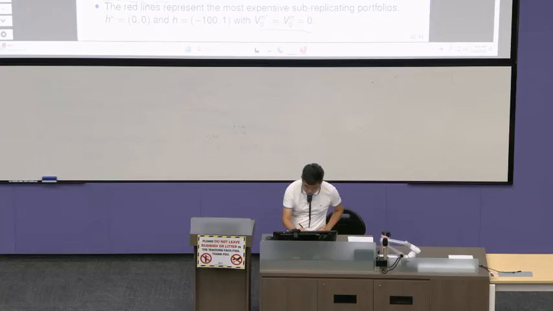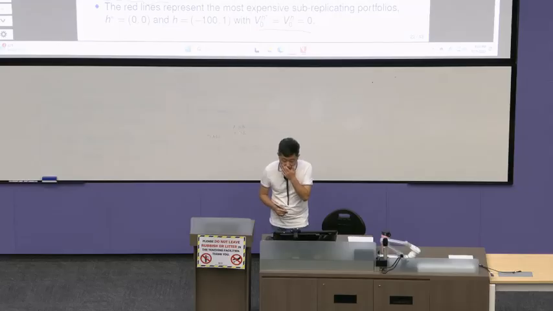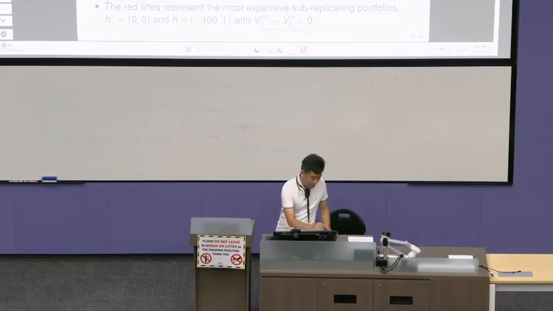For any portfolio you draw like this, it will be more expensive. That's why the black line is the cheapest, because any line you draw above the three points is more expensive. You can derive it this way, and it's a similar argument for the right line.